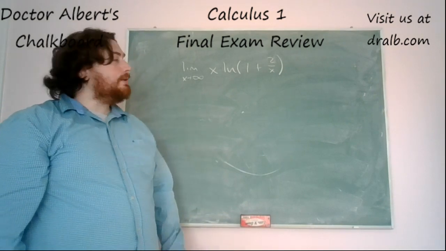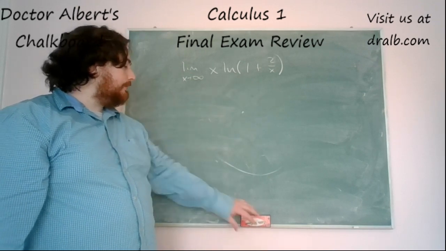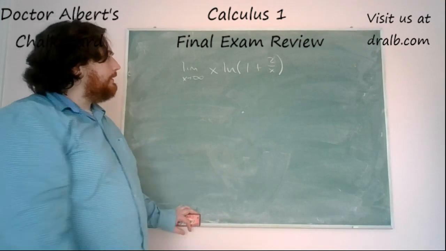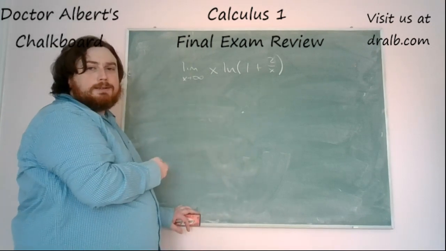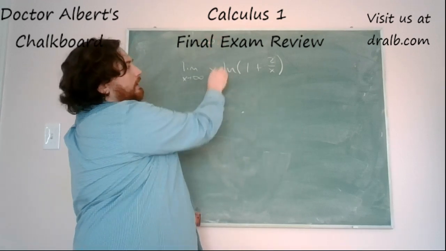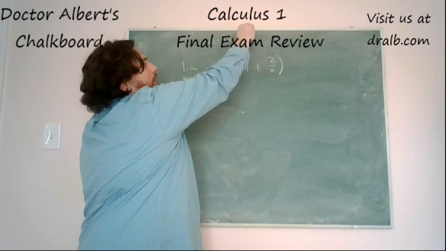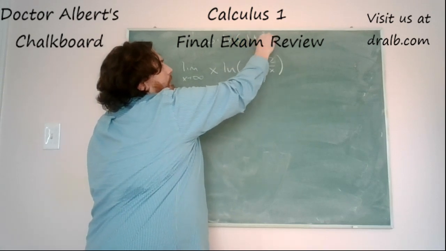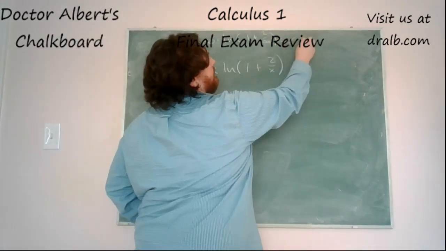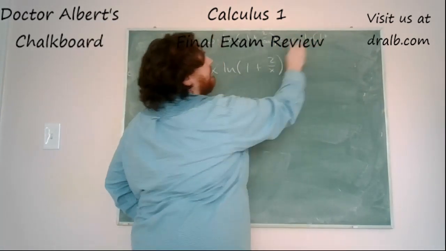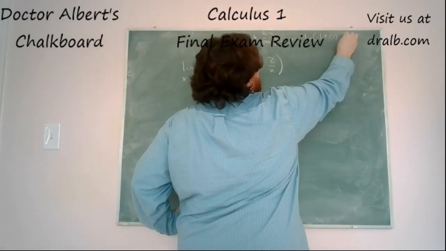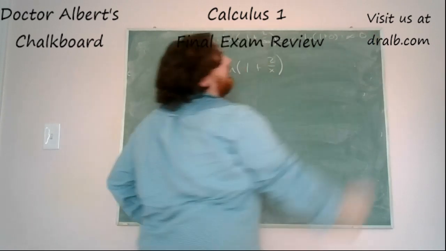Alright, so now as I'm looking at this, if I want to find the limit as x goes towards infinity of x natural log 1 plus 2 over x, the first thing I should do is basically plug this in and see what happens. If I do that, I'm going to get infinity times natural log of 1 plus 2 over infinity. 2 over infinity is 0, so I end up with infinity times natural log of 1.